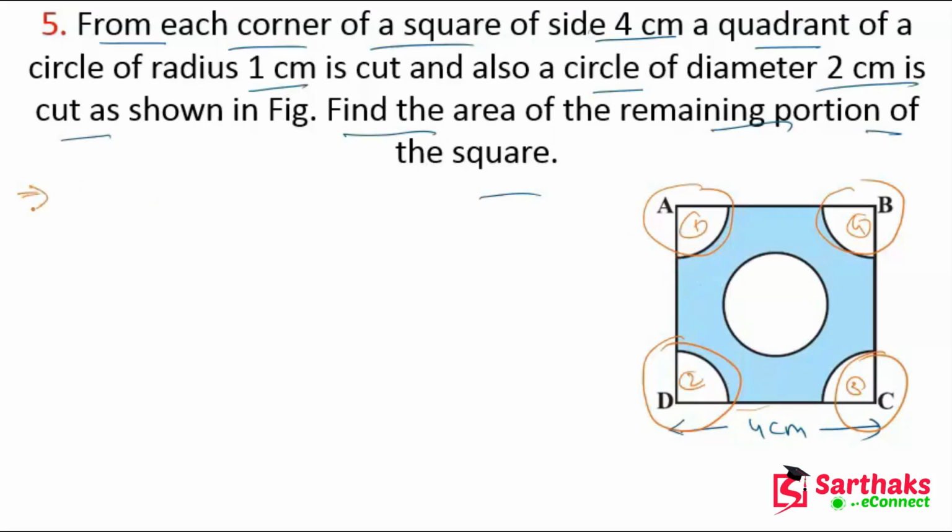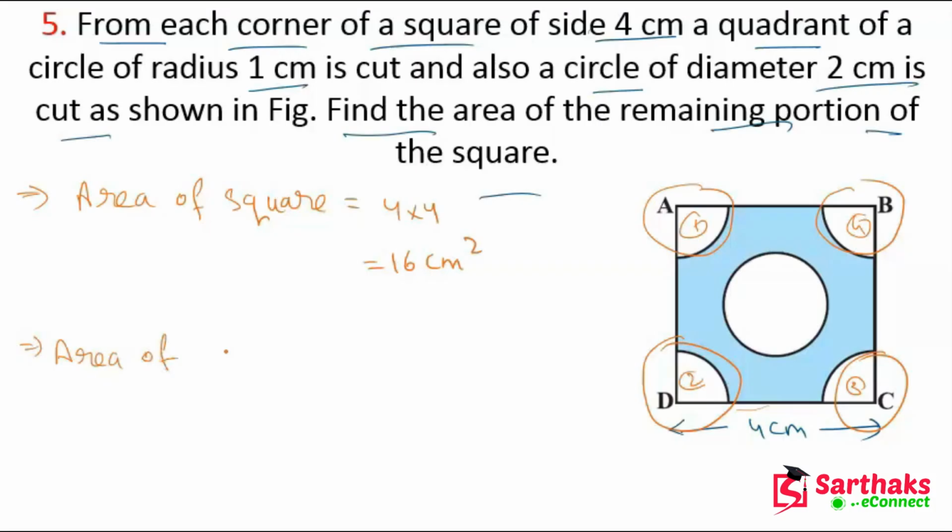First of all, area of square. What is area of square? Side square, which is 4 into 4, so this is 16 centimeter square. Okay my dear friends, so now area of 4 quadrants.